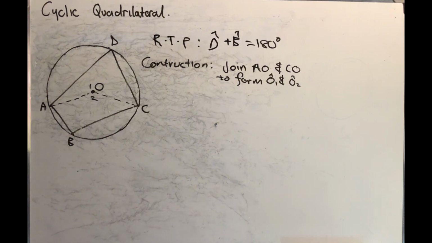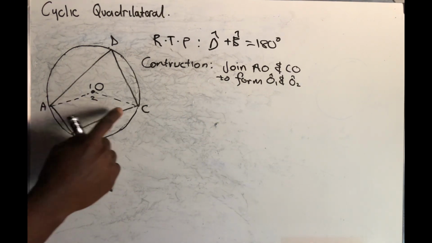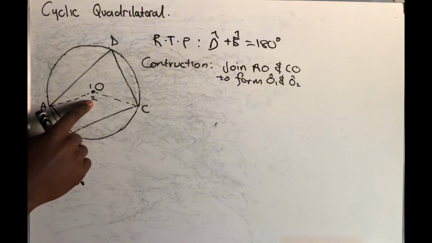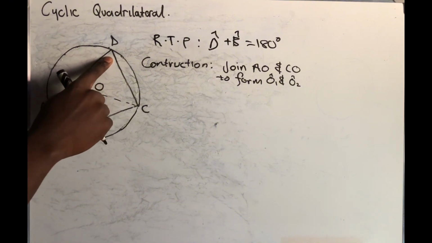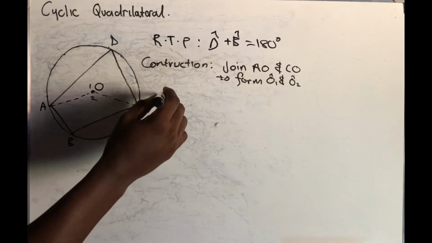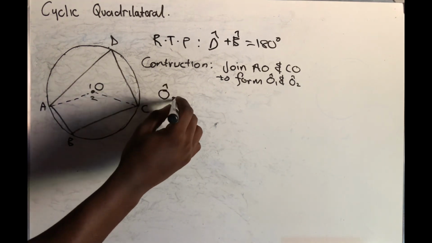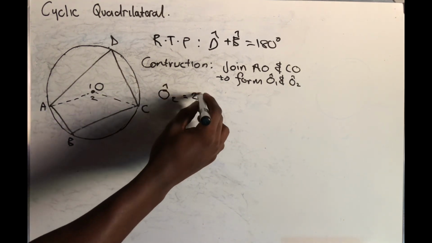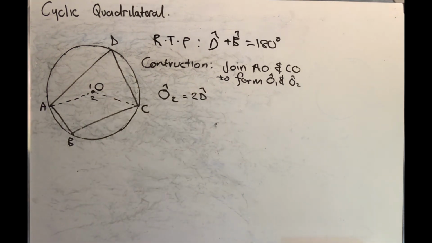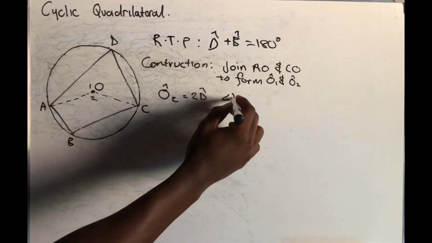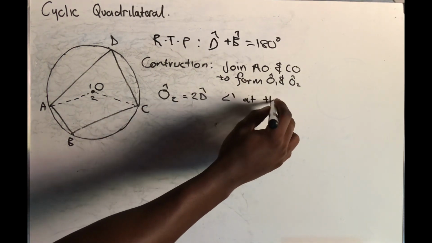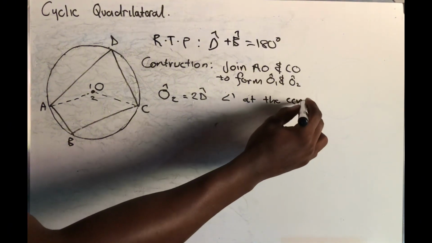Now we can see that this is an angle at the center and there's another angle at the circumference. So angle O2 is equal to 2 times angle D. The reason is angle at the center.